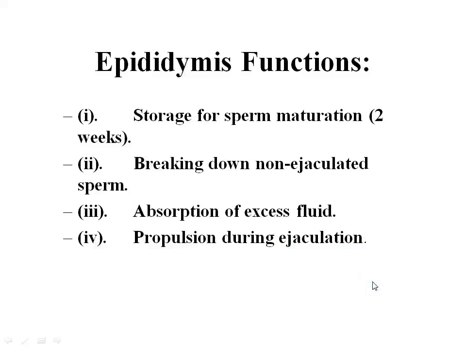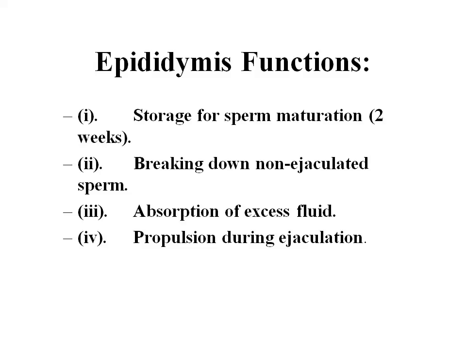What are the functions of the epididymis? It stores sperm for maturation and breaks down non-ejaculated sperm. If there are faulty sperms, broken or damaged, they get digested and broken down.